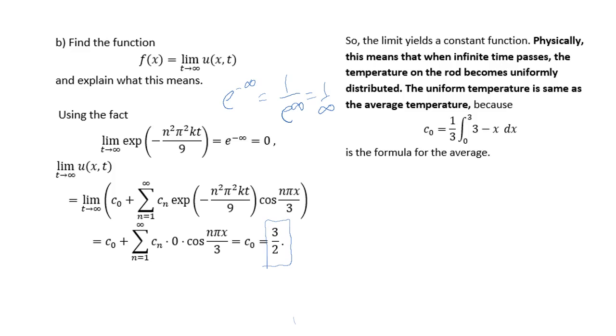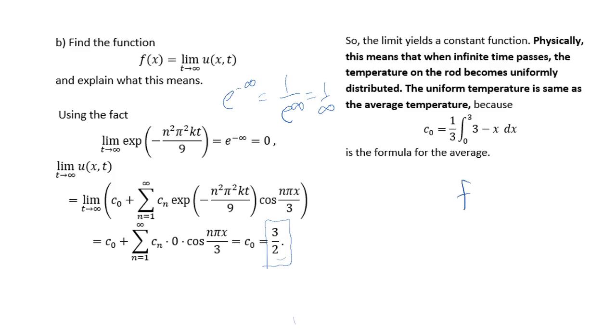This is a function of x. See, if you send t to infinity, t goes away. You're basically plugging a value into t, so you end up with a function of x. But this function is a constant function. It ends up not depending on x at all. And if you think about what this value is, this is actually exactly the same as the average value.